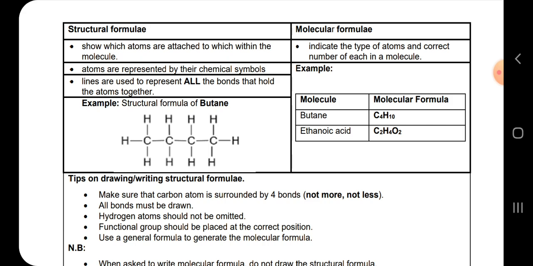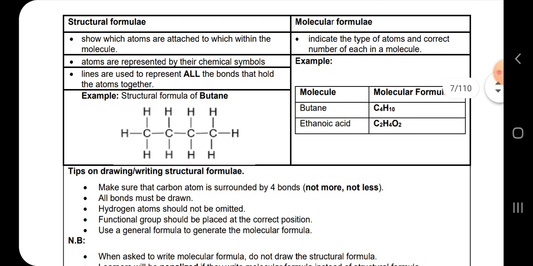Lines are used to represent all the bonds that hold the atoms together. And a molecular formula indicates the type of atoms and the correct number of each in a molecule. So in this molecule, how many carbons, how many hydrogens, and how many oxygens do we have? That is a molecular formula.